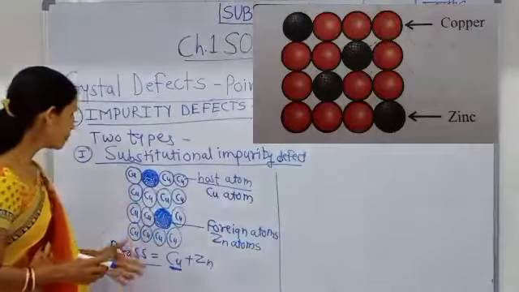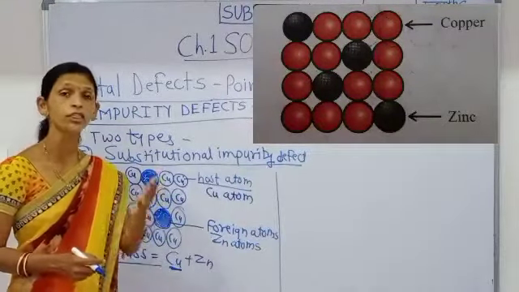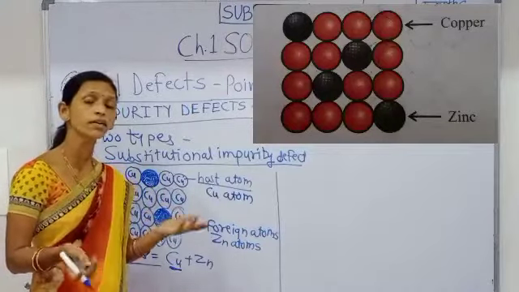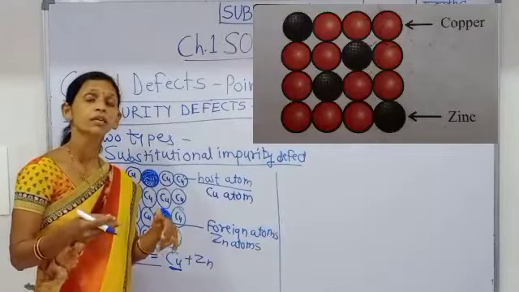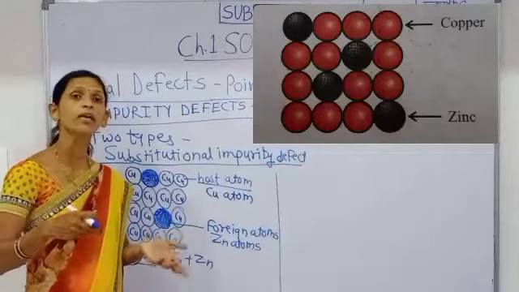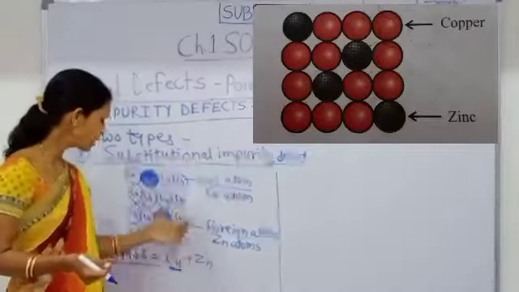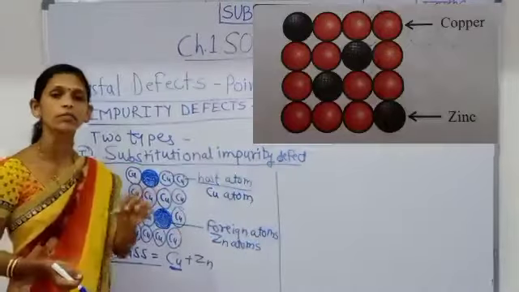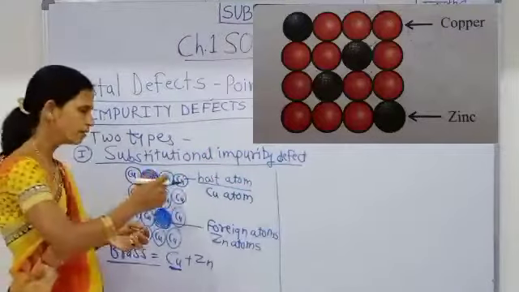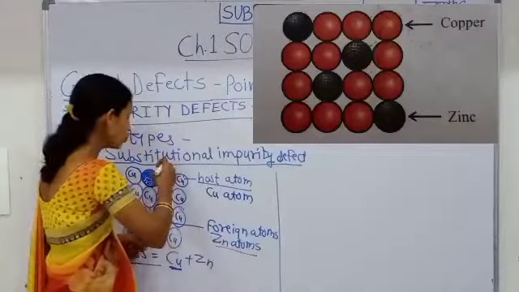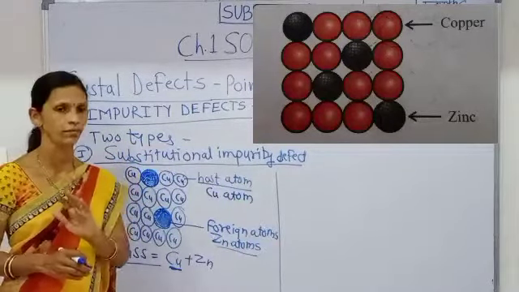One example of that is solid solutions, which are alloys. Solid solutions are known as alloys. Alloys are a mixture of two or more different metals, or metals and non-metals. Brass is an alloy of copper and zinc, in which the copper atoms are displaced from their original sites, and zinc atoms occupy the sites of the copper atoms, which are the host atoms.